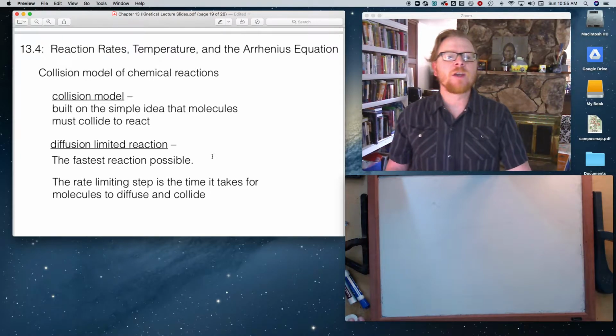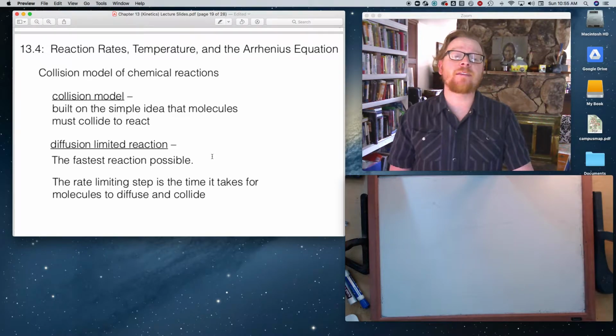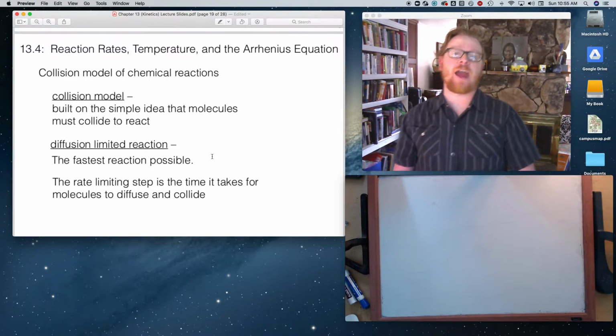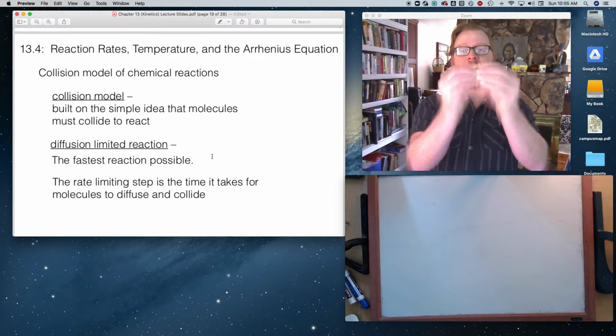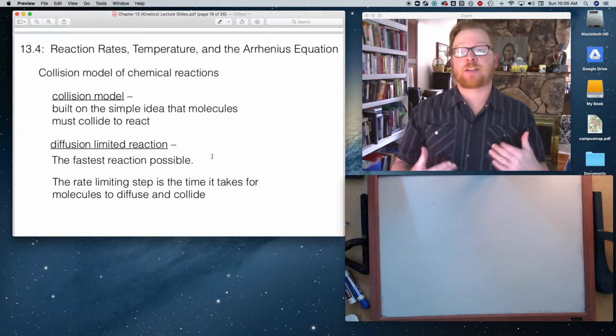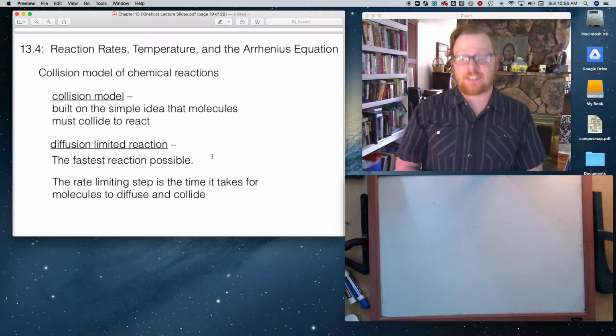Okay? So in a diffusion limited reaction, if the only step involved in the reaction is the molecules diffusing, finding each other, colliding, and then a reaction happens, that's a very fast reaction. What ends up happening in a lot of chemical reactions is that diffusion is the fast step.